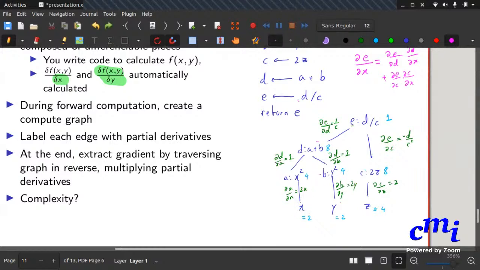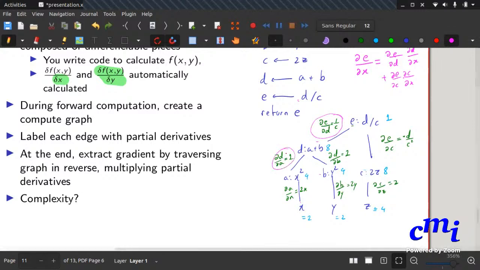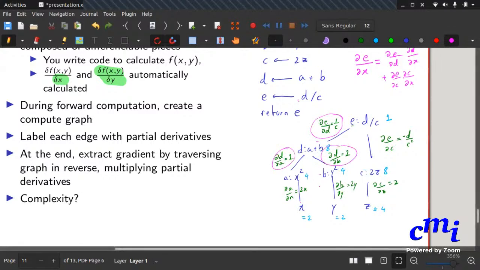So if you keep expanding out, what you will notice is that the final expression you will get is basically the value on this edge times the sum of the values of these two edges times the sum of the values on these two edges, and so on, right?